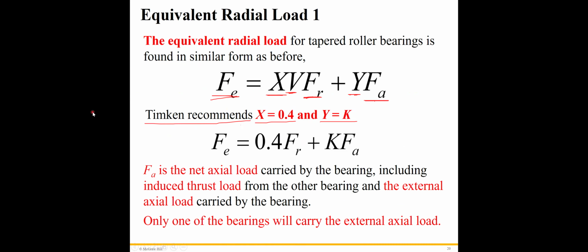Therefore, FE, the equilibrium load, equals 0.4 FR plus K FA. And FA here is the net axial load carried by the bearing, including the induced thrust load and the external axial load.